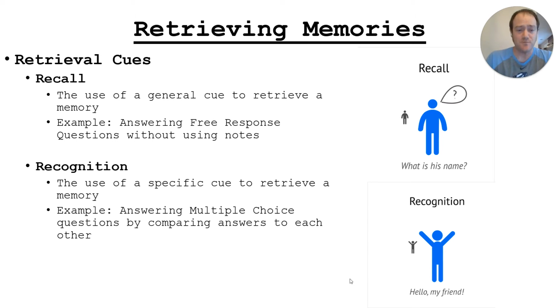All right. So when we retrieve memories, we tend to do it through recall and recognition retrieval. Recall is when you use just a general cue, and you have to fill in with your memory. The example here is like on the AP exam, when they give you a free response, they're going to give you a prompt.